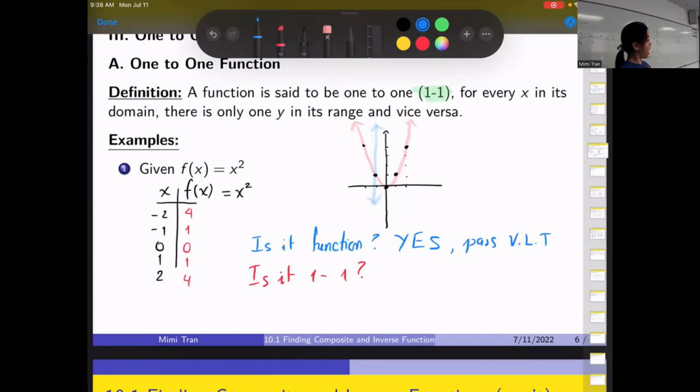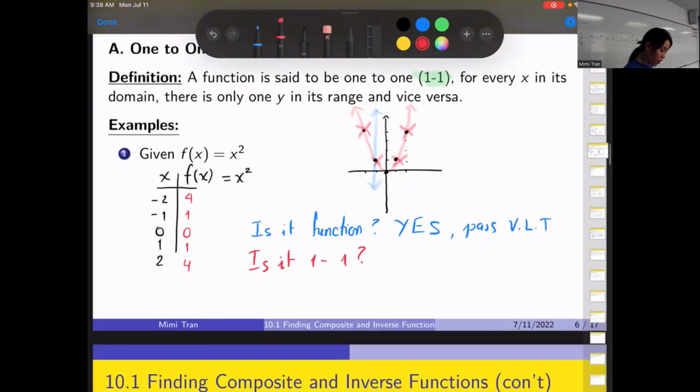Yeah, you have repeated y, right? You don't want to see repeated y nor x. This is tricky. Where do you have repeated y? Right here, right here, right here, and probably even more if you add more points. So no, because y repeats.